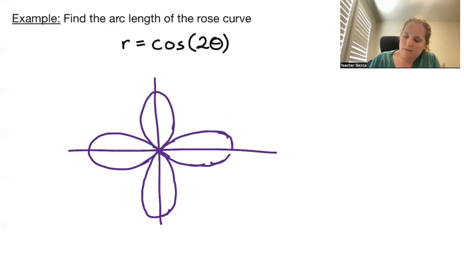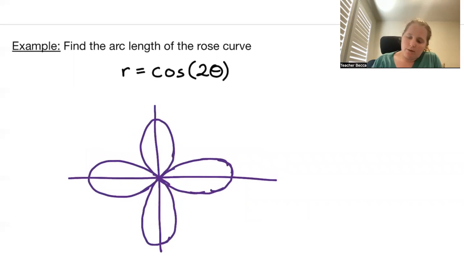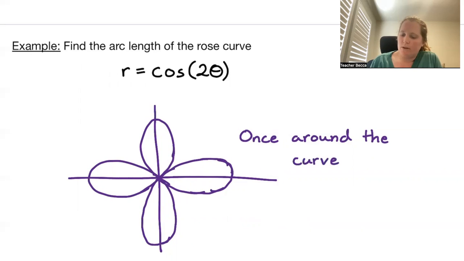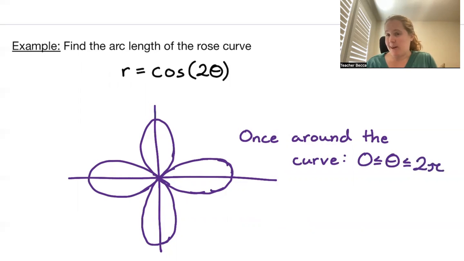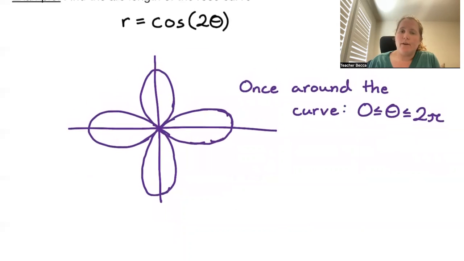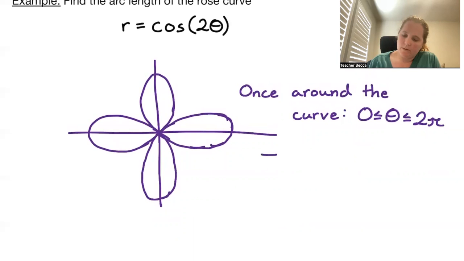And it turns out that it takes precisely 2 pi, from 0 to 2 pi, so once around the curve corresponds to 0 less than or equal to theta less than or equal to 2 pi. So we will consider 0 and 2 pi to be the endpoints of our curve.